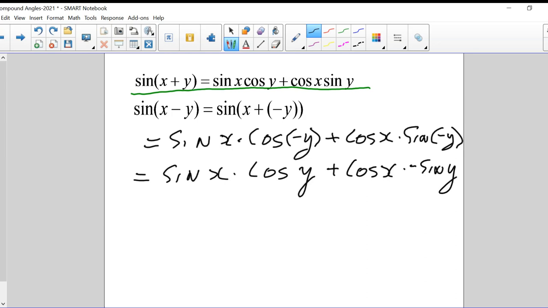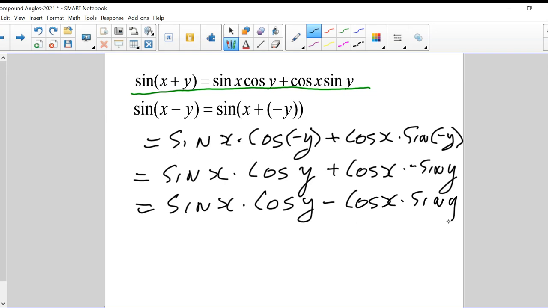That's what happens when you take the sine, which is an odd function, of a minus. It becomes a minus of that function. So I can rewrite this as sine of x dot cos of y. The product of these two, one is positive, one is negative, means I can put minus the cos of x dot the sine of y.